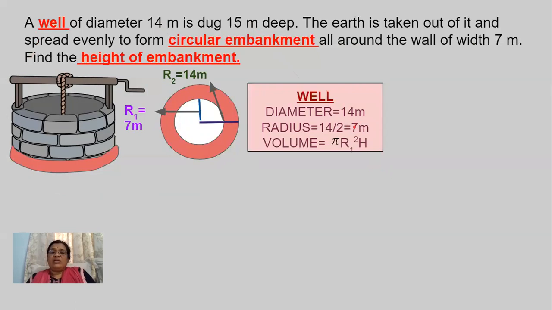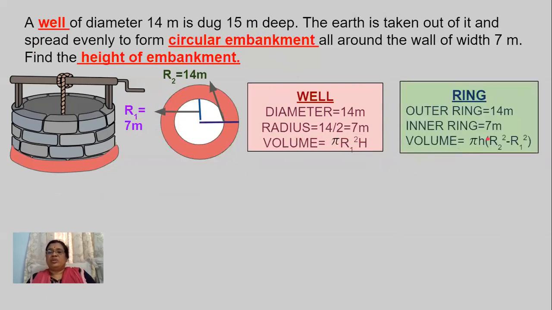So this is a well. The well diameter is given, and the radius, and the volume of this well. This white portion is the well, no? So here the volume will be pi r square h. Here you have to take R1 because this well radius is R1, no? So here you have to take pi R1 square h.